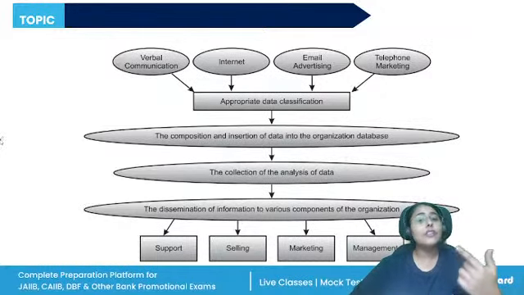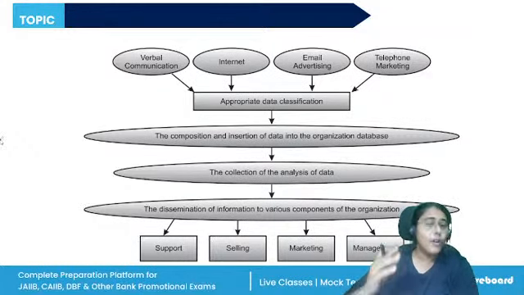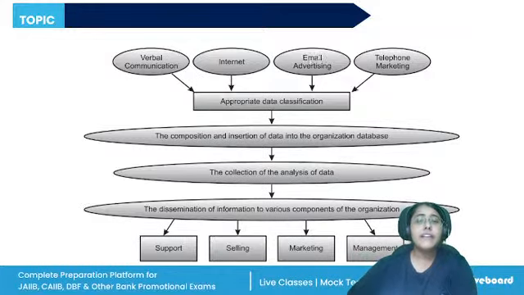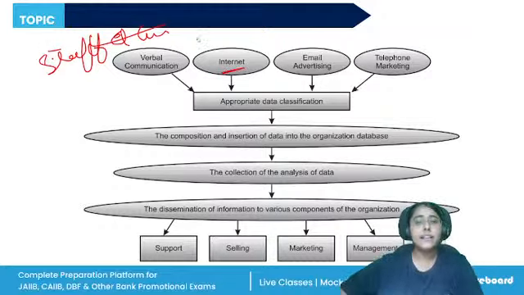CRM is required to increase the operational efficiency, derive more value from the employees. Increasing competition is there, rising NPAs is there. To control all of this, CRM is required. So how does the CRM work? We collect data from verbal communication between the staff and the customer, through the internet by analyzing the behavior of the customer.